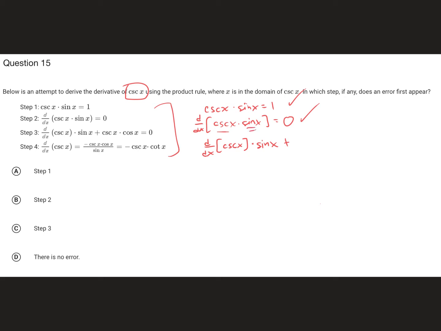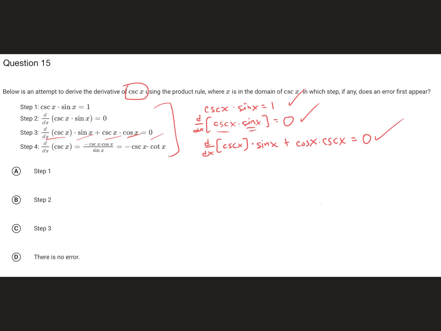And remember, we assume that we don't know the derivative of cosecant, but we know everything else. The derivative of sine is cosine times the first function itself. And then that's going to equal the 0 that we already found. So if I look at step 3, there's the derivative of cosecant, there's sine, there's cosecant, there's cosine equals 0. That step is right.